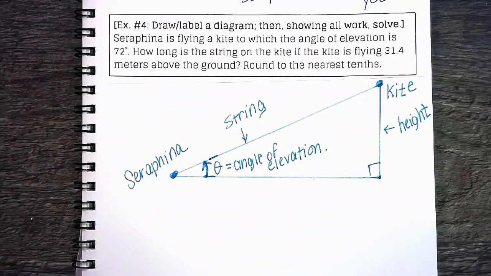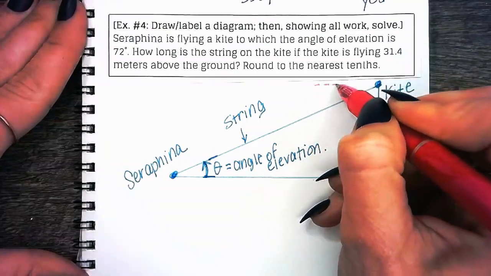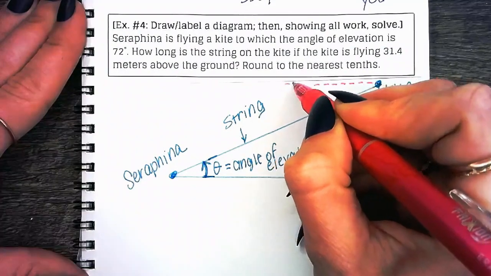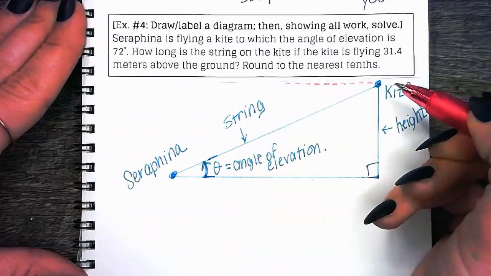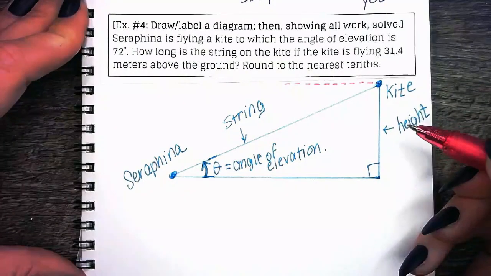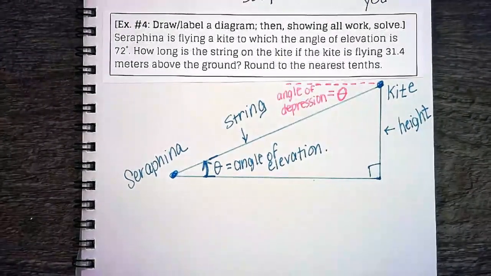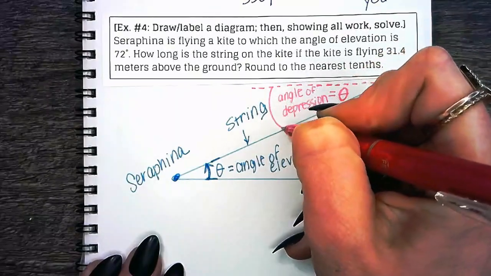The angle of depression, however, if it were in a problem like this, would be if a ladybug is riding on the kite, the angle of depression for the ladybug looking down to Serafina would actually be 72 degrees as well, because this is the angle of depression. And the angle of depression is congruent to the angle of elevation.